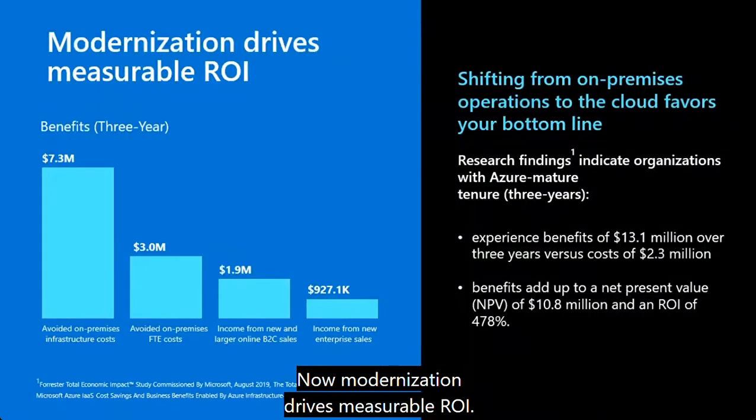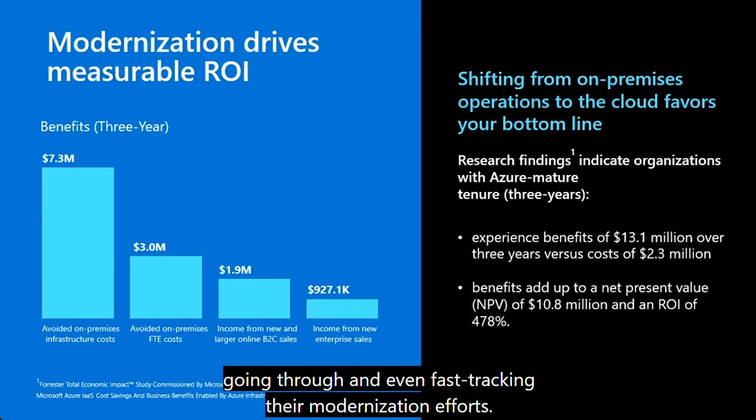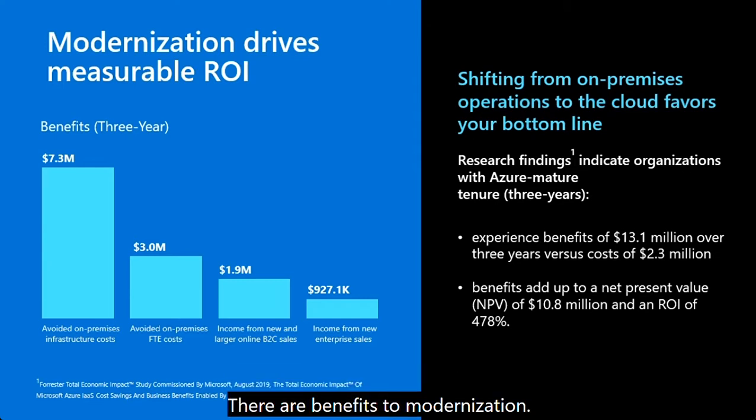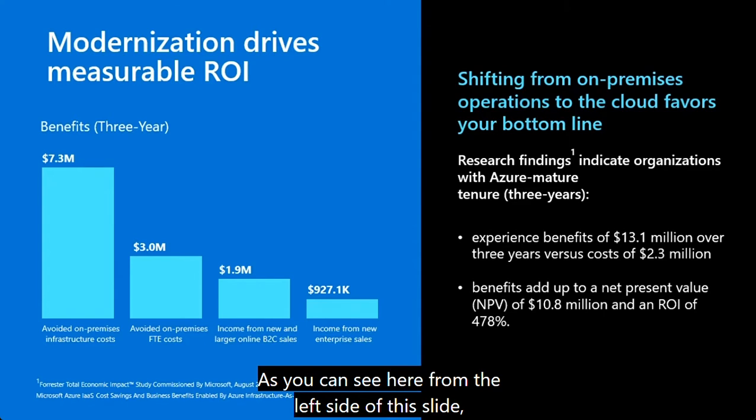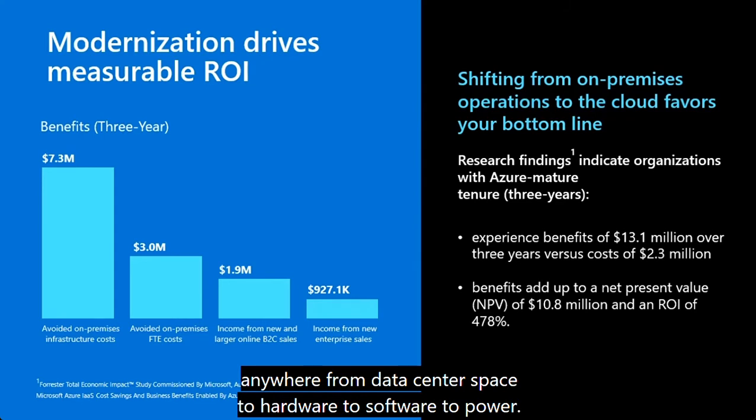Now, modernization drives measurable ROI. This is the reason why a majority of organizations are now going through and even fast-tracking their modernization efforts. There are benefits to modernization. As you can see here from the left side of the slide, you can avoid significant on-premise infrastructure costs, anywhere from data center space to hardware to software to power.